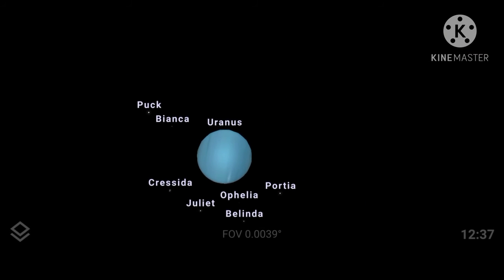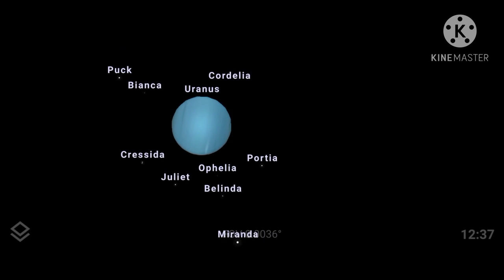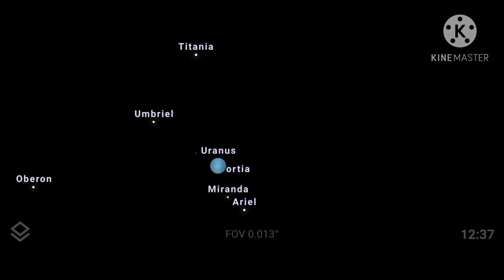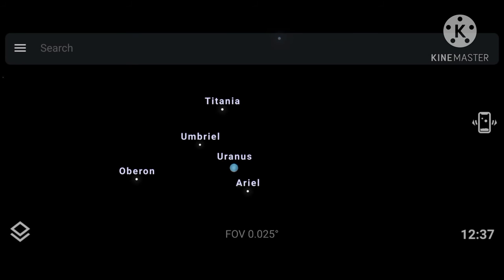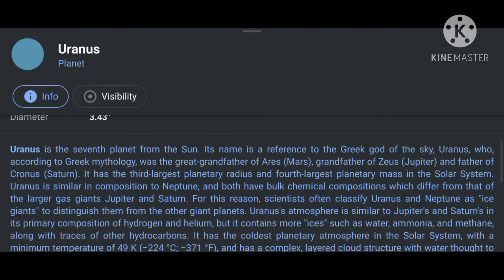Some of its moons are Cressida, Juliet, Ophelia, Belinda, and Portia, which are moons named after characters from the works of William Shakespeare. It is the 7th planet from the Sun, named after the Greek god of the sky, Uranus, according to Greek mythology.